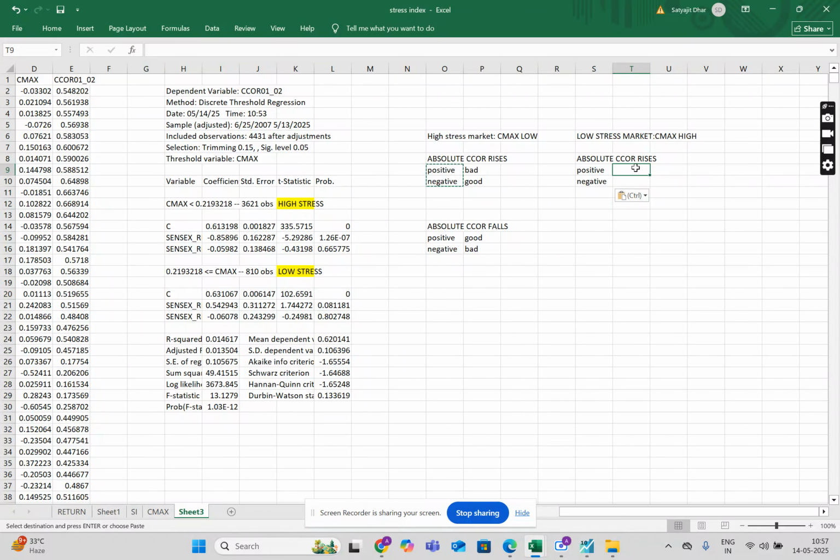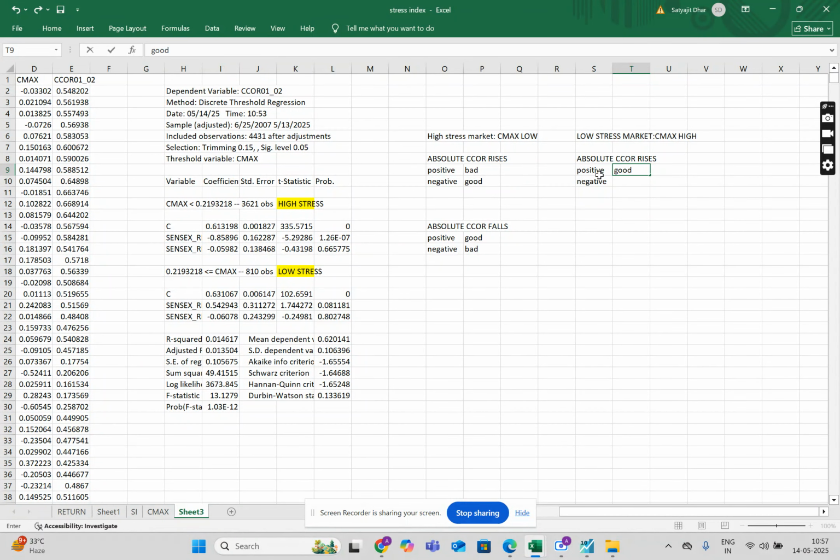My absolute CCR is positive. Let's take the case, which means my asset and the market move in the same direction, and the market is doing well, and that positive correlation is increasing, which means my asset is moving in the direction of the market when the market is doing well. So I'll be happy about it.